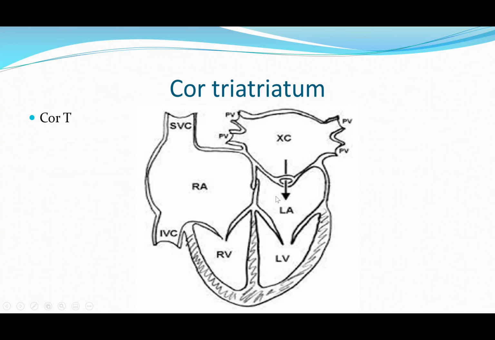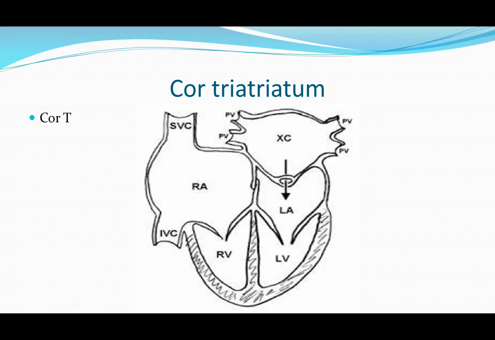And there's a fenestration through that membrane. And therefore it creates a functional mitral stenosis where there's pressure buildup behind this, and that can lead to something equivalent to mitral stenosis, congestive heart failure. That is called triatriatum, and that can be resected.